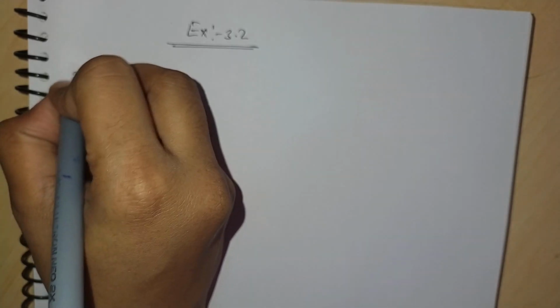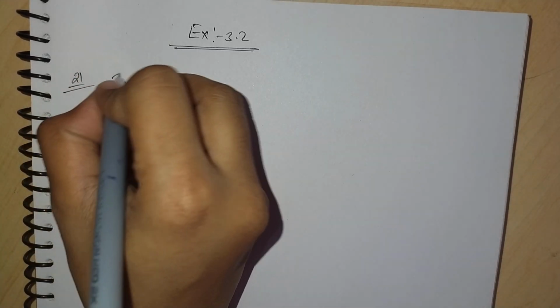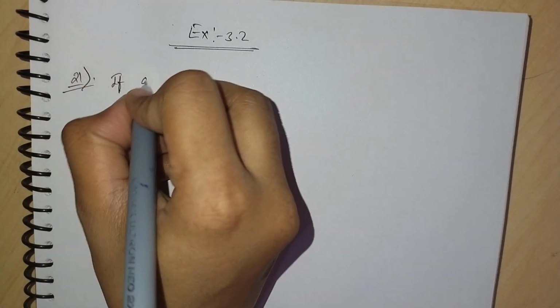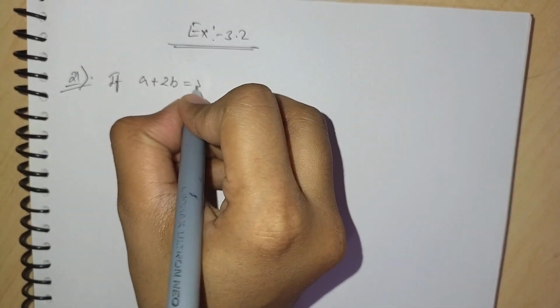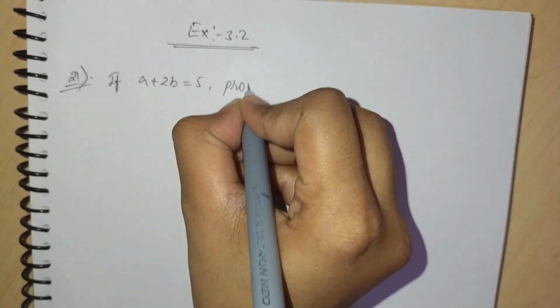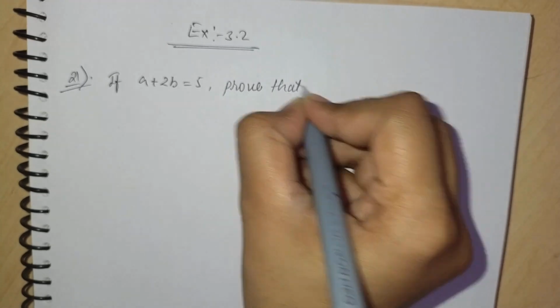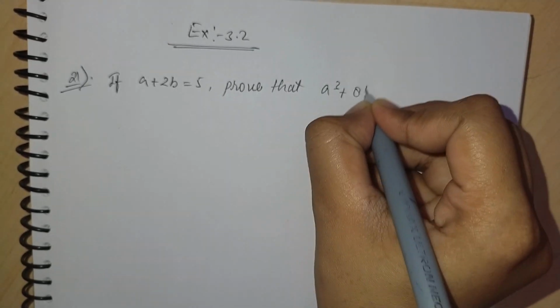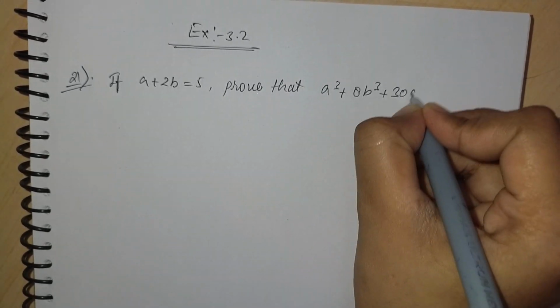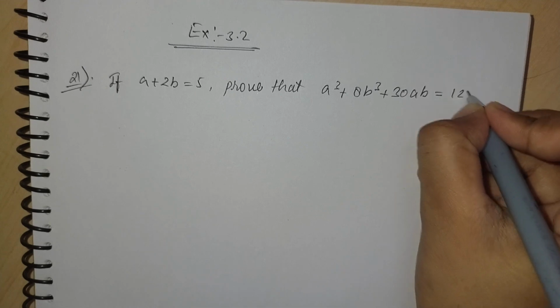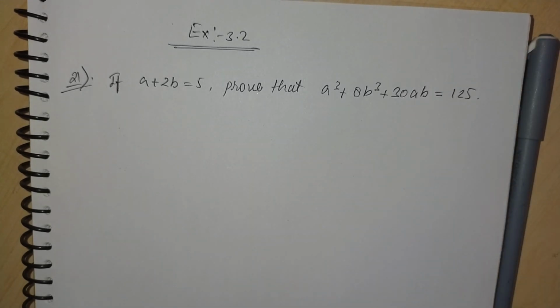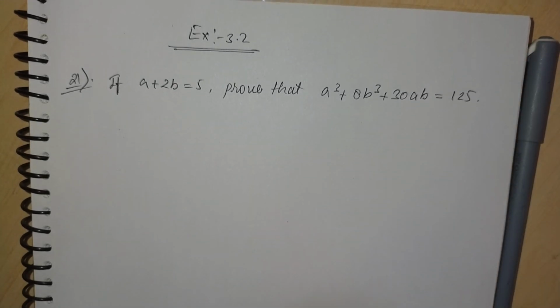21st question. Question 21 says that if a plus 2b is equal to 5, then we have to prove that a cube plus 8b cube plus 30ab is equal to 125. So here we have to solve this question.